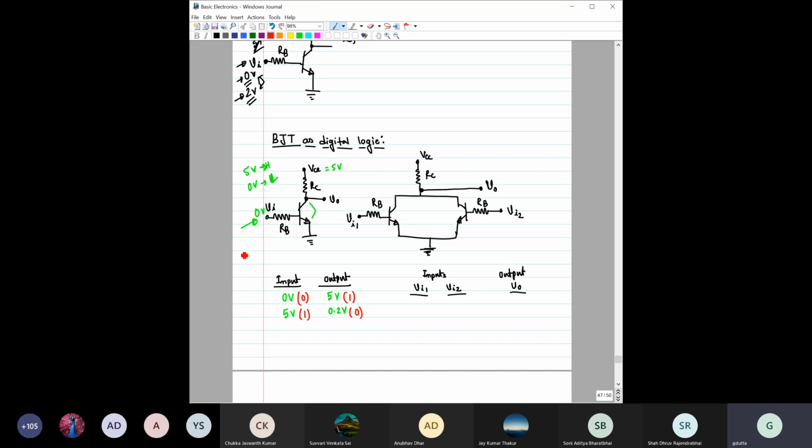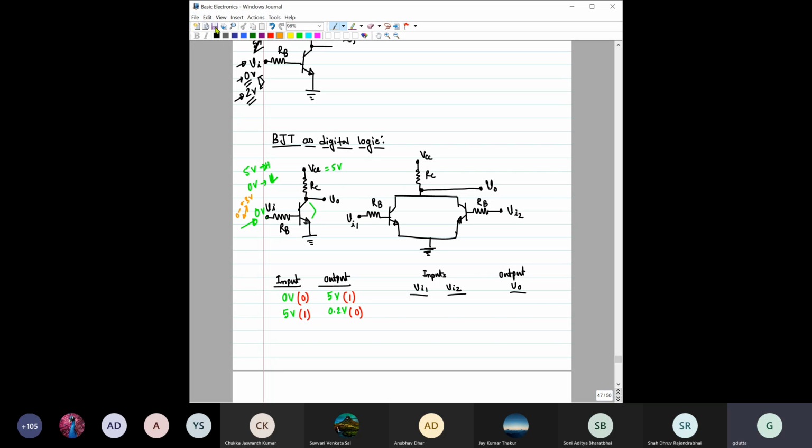Because in digital we say we can apply two voltages, either 0 or 5 volt, or VCC, but you have to also remember we have some range, because it is not possible in an actual circuit to apply exactly 0 volt. So you always have to keep some range. Say for 0, it is 0 to maybe 0.2 or 0.3 volt.